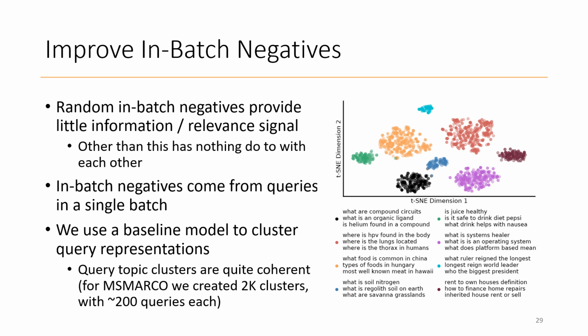So for example, for MS Marco, where we have 400,000 training queries, we created 2,000 clusters with roughly 200 queries each. And here on the right side, you can see a t-SNE plot with 2 dimensions, which reduces the 700 dimensional query vectors down to 2.